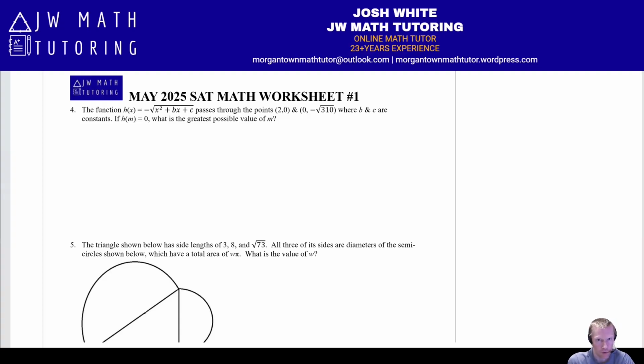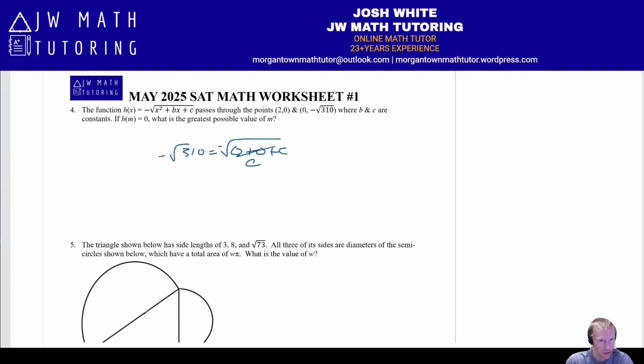So, first thing you would notice is when you plug in 0 for x, you get negative square root 310 as your output. So here, forgot the minus, 0 squared is just 0, b times 0 is just 0, and then we have plus c. So 0 plus c, that's just c.